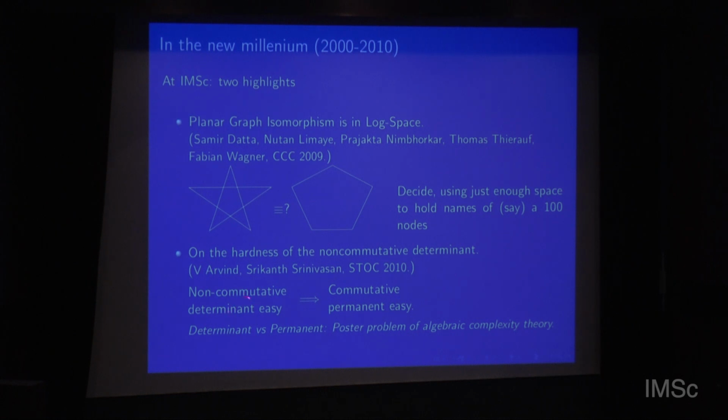If you want to compute the determinant in the non-commutative setting, it was not clear that this is easy. And what this paper showed was that, in fact, if the determinant is easy in the non-commutative setting, then in the commutative setting, the permanent becomes easy. And the commutative permanent, that is exactly, the permanent versus the determinant is the P versus NP analog of algebraic complexity theory. So what we are saying is that non-commutative is a big jump. For the problem determinant, which is easy in the commutative case, it becomes very, very hard in the non-commutative case.